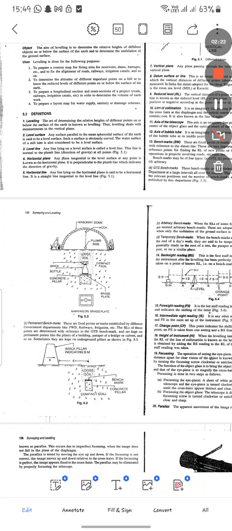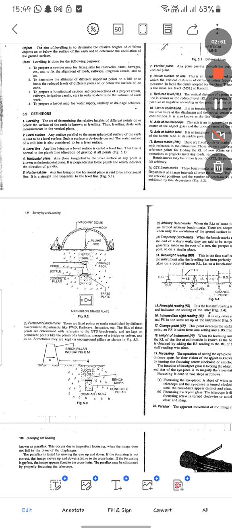We have level surface, level line, horizontal plane, vertical plane, datum surface or line, reduced level, line of collimation, axis of the telescope, axis of bubble tube, and lastly benchmark.